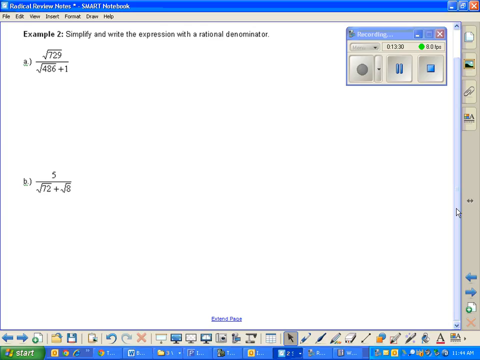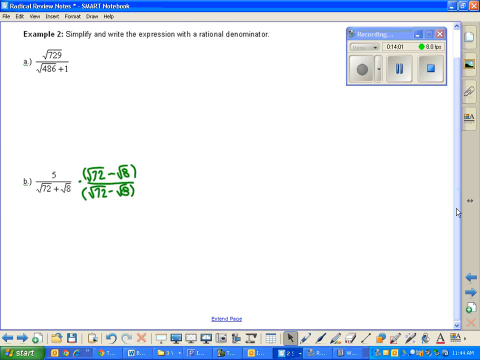Yeah, Jonathan. Yeah, using a conjugate. Okay, so you would do square root of 72 minus square root of 8 all over square root of 72 minus square root of 8. We have to remember, yeah, we still are multiplying across the top and multiplying across the bottom, but we have to remember these are little expressions here.